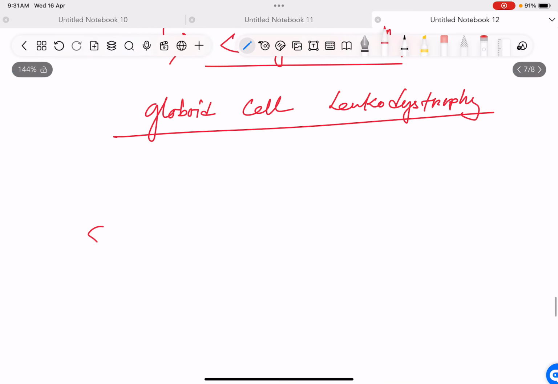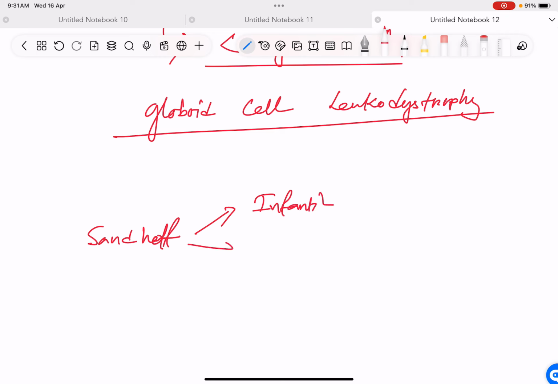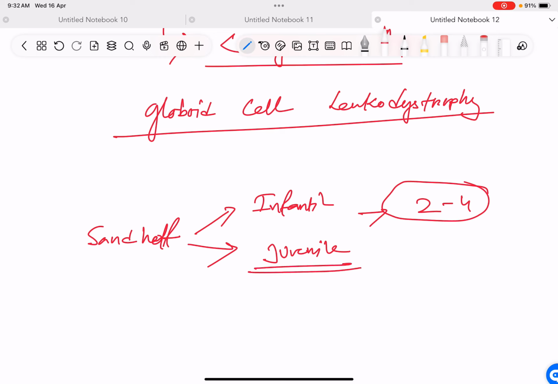Sandhoff disease has two forms, infantile form and juvenile form. The infantile form is severe. This will die again by 2 to 4 years of age. Most children do not survive 2 to 4 years of age. The juvenile form is a slow progression disease, and in this the child may live up to adulthood.